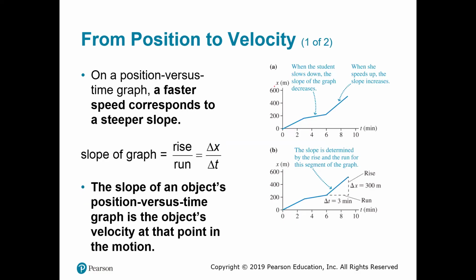Now, slope. Think about a general one-dimensional graph: you have a y-axis and an x-axis, and assuming a linear function, y equals mx plus b. Then m is your slope. How do you find your slope? Delta y over delta x.